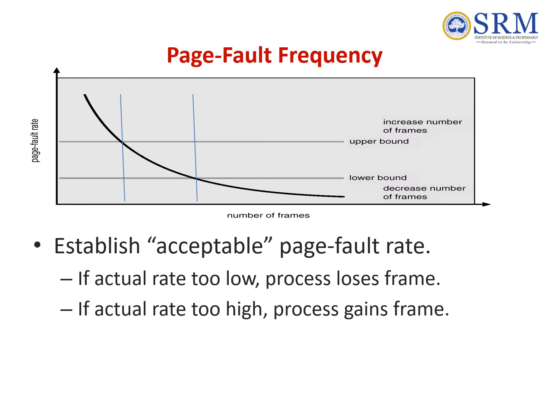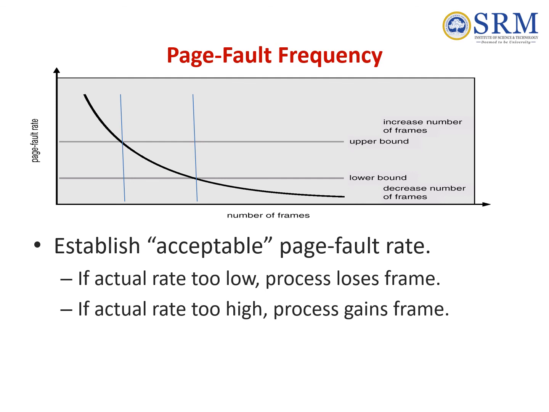If the page fault rate falls below the lower limit, frames can be removed from the process, since it is not going to use those frames, and you can make use of them for other processes.